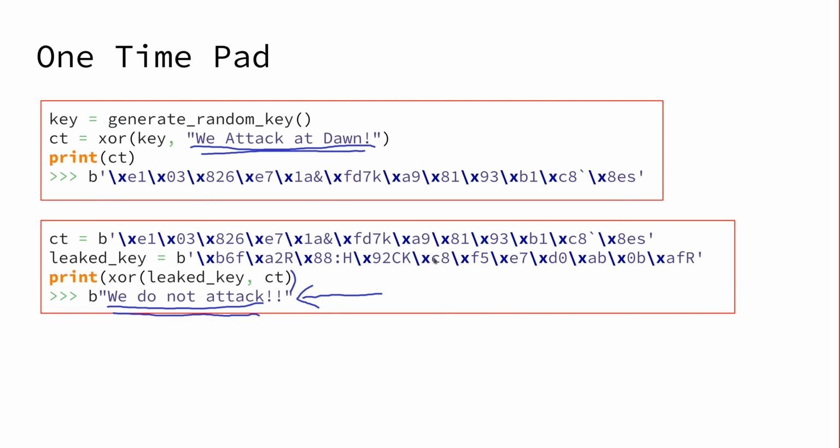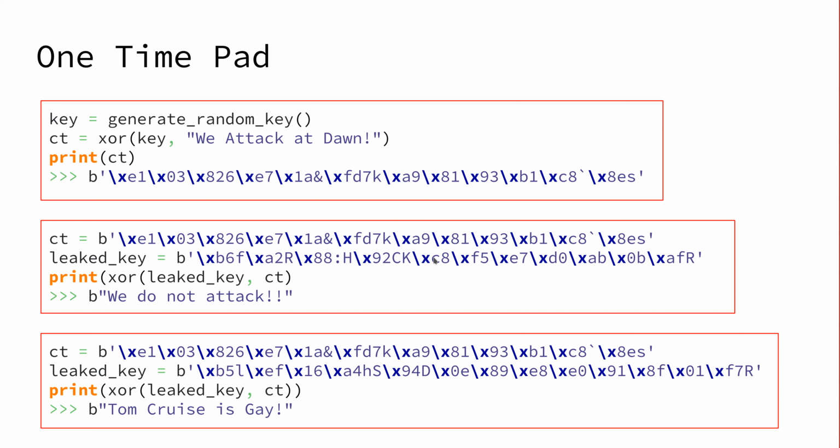So taking this further, we could also use another key. Now we say this key is the actual key. Give this to the attacker, he uses this key and gets another message. So every key, every message is equally likely, and therefore the ciphertext does not leak absolutely any information about the true message.